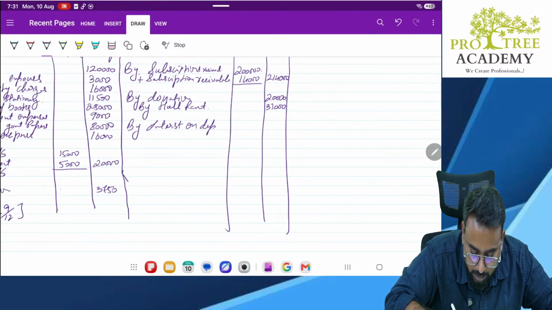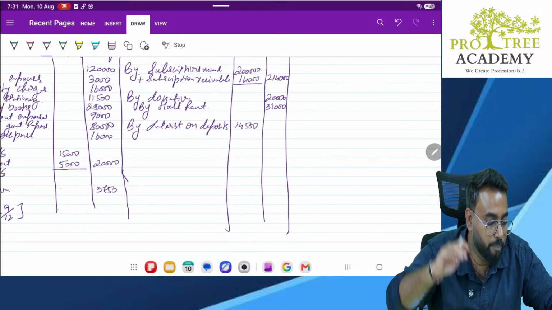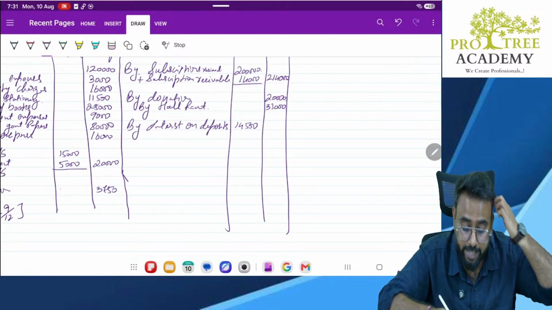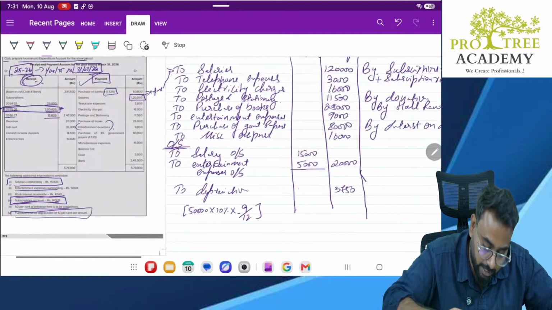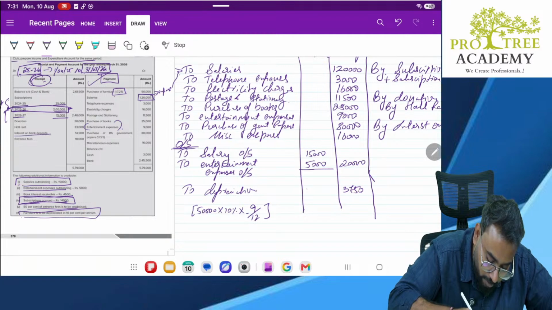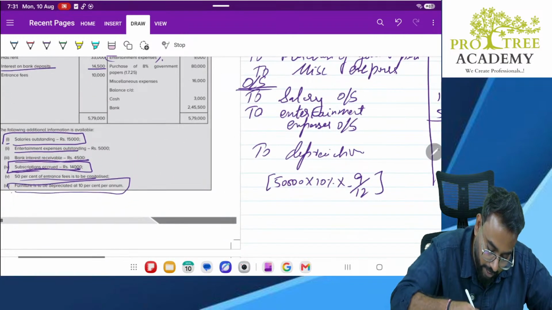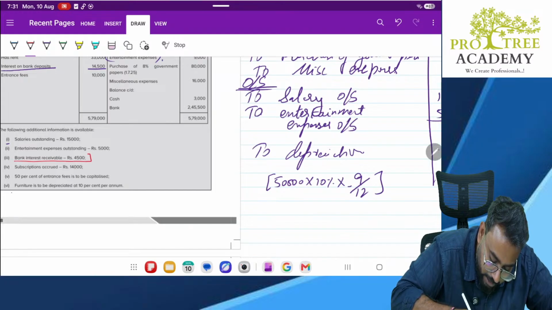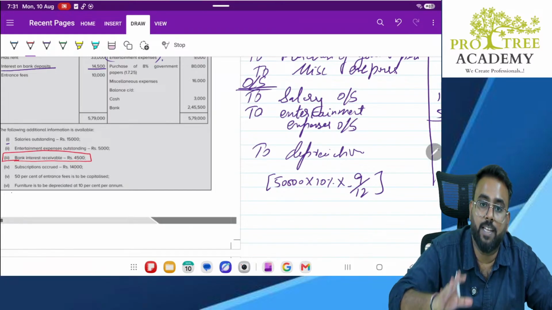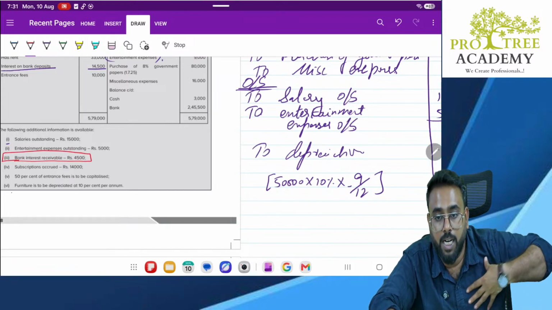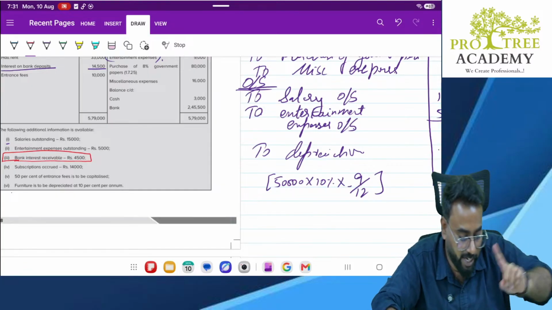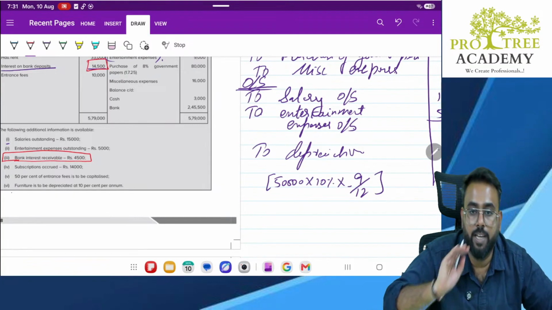By interest on deposits. How much have you received? 14,500. Come again below. Bank interest receivable. That means what? See here. Bank interest, how much we have received? 14,500. But if you come here, they have written very clearly, we have bank interest receivable of 4,500. That means we have already earned the income, but it is not yet received. Because it is not yet received, it is not included here.